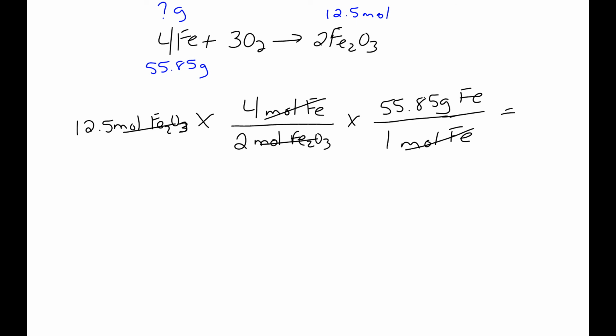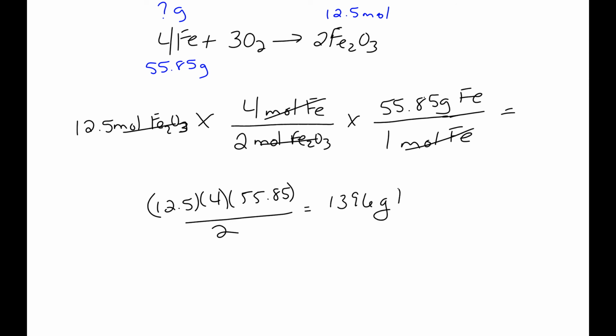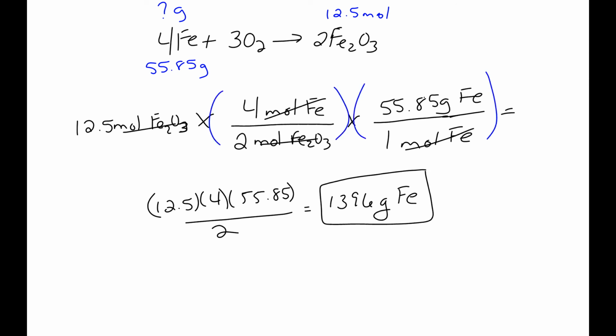When you do the multiplication, it's still 12.5 times 4 times 55.85 divided by 2, which is 1396 grams of Fe. Now, if you don't like that way, if you like parentheses, just do this. Same thing. Means the same thing. So hopefully you got that. It's just a little different. It's just the opposite way of the mass to moles. So I guess I will see you tomorrow. Bye.